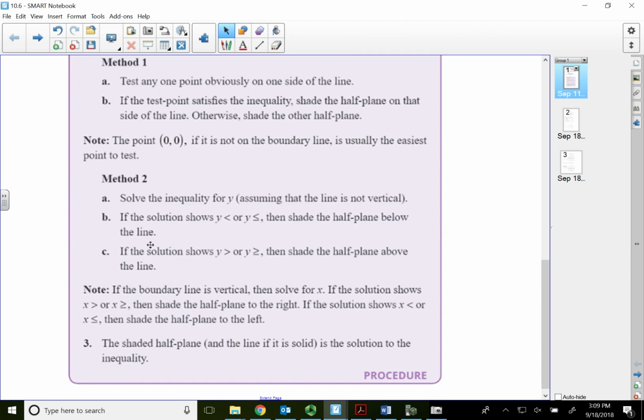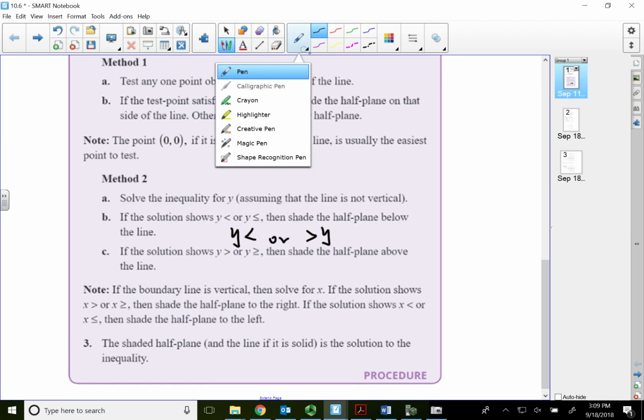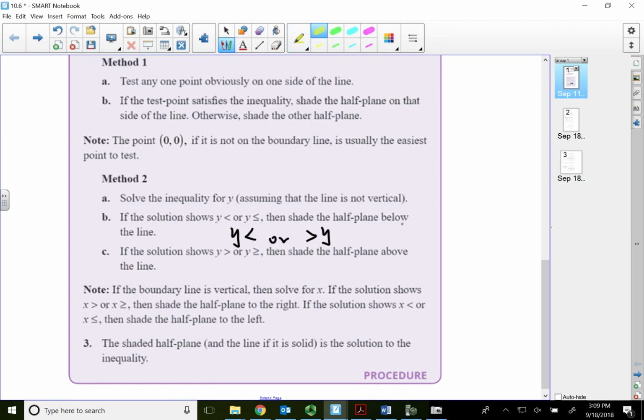If we read it as y is less than, we shade below the boundary line.